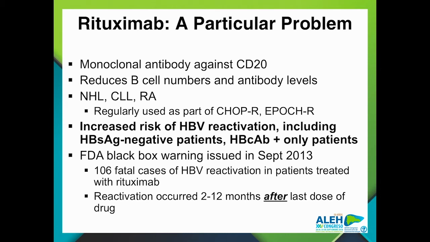There is a significantly increased risk of reactivation with rituximab in those patients that are isolated hepatitis B core antibody alone. And that led to the FDA in the US issuing a black box warning regarding the importance of following these patients and looking for hepatitis B, and reminding us that reactivation can occur up to a year after the last dose of the medication.